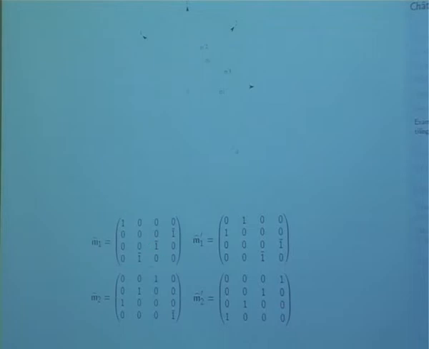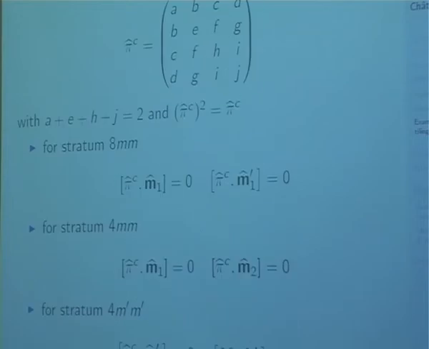So what I will do is apply exactly what we said. Take a general projection. This projection should have a trace equal to 2 because we are working in a plane, 2 dimensions. Since it is a projection, its square must be equal to the matrix itself. To make the 8mm stratum, I write the commutation between M1 and M prime 1.